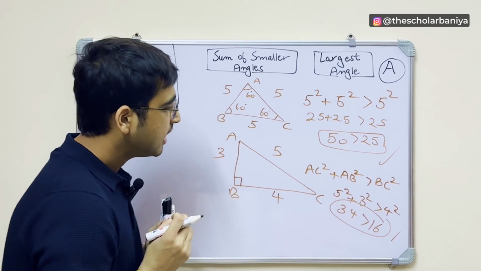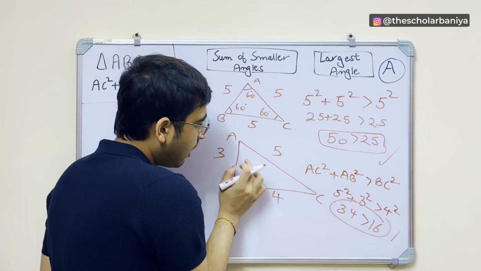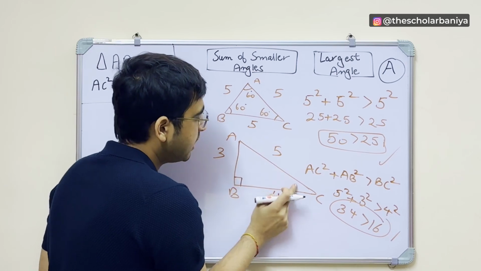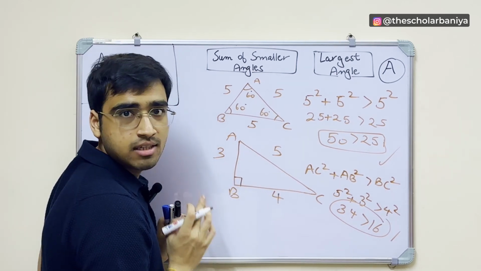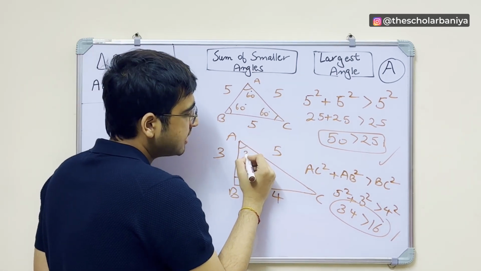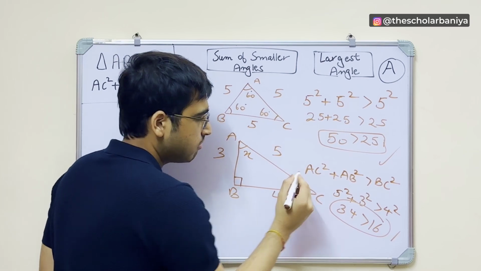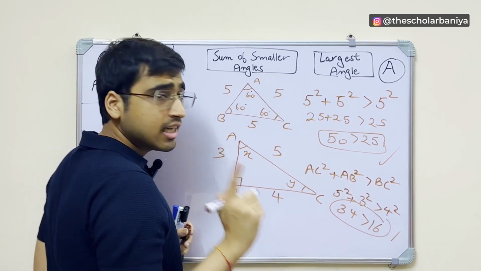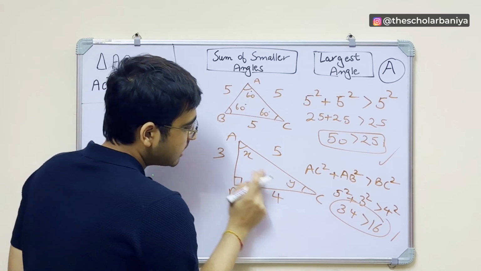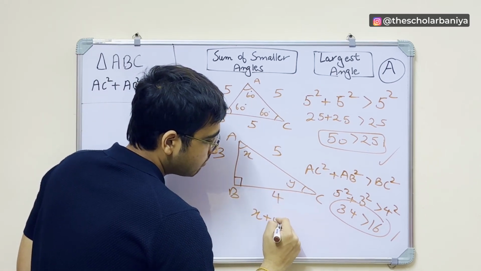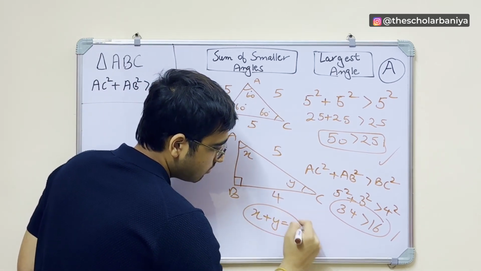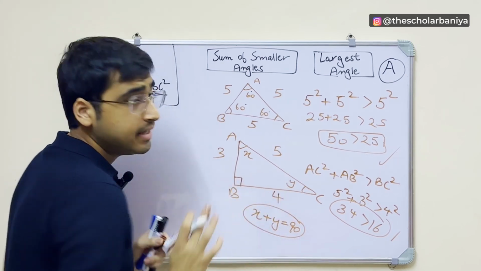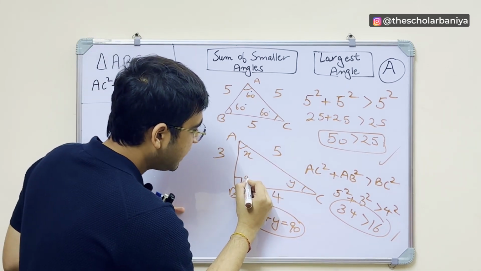So tell me one thing now. What are the remaining angles over here? If this angle is 90, right? Let's suppose this angle is X, this angle is Y. I don't know what exactly the angles are, right? But one thing is for sure, that X plus Y will be 90, because this angle is 90 degrees.